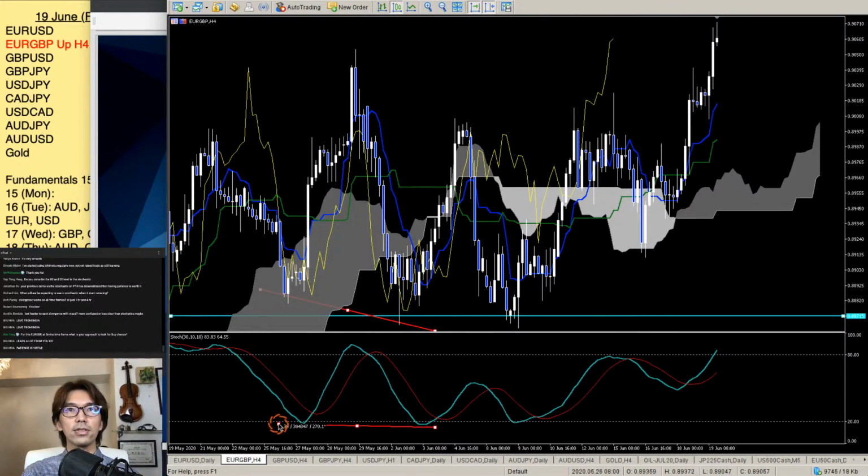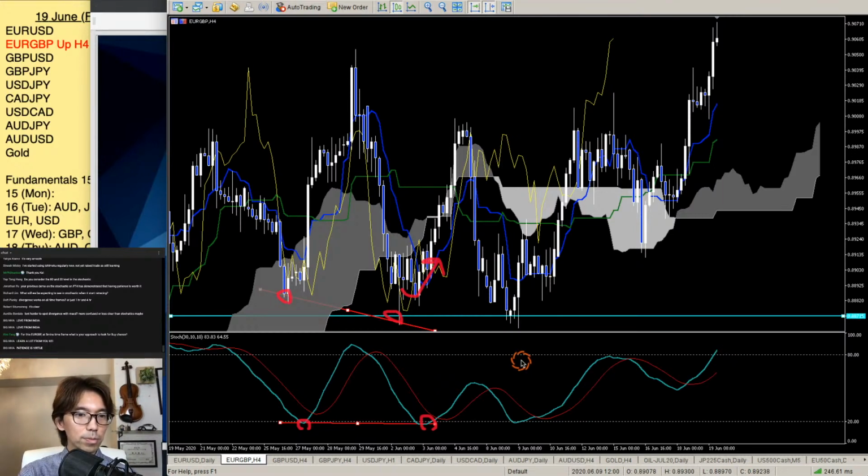It's like horizontal. So this is still the divergence. In the price action, the lows are getting lower, but in stochastics, the lows are at kind of equal level. So we can expect the price might be going upwards from here. So it works on this forward chart or any other time frames. It's clear, okay?